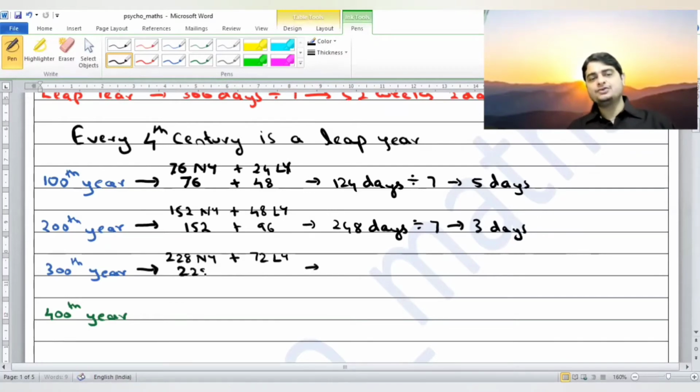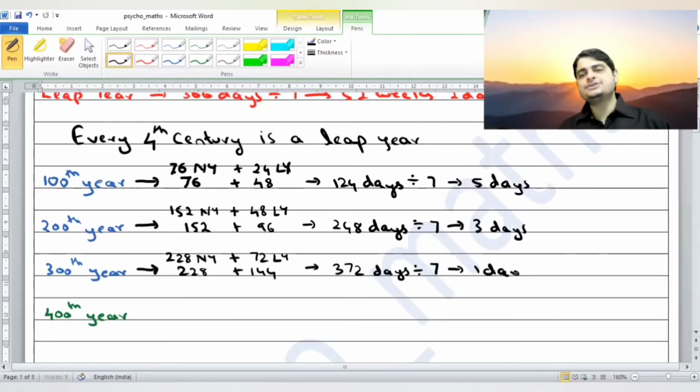So it will have 228 days plus 144 days, because a leap year has 2 days extra. So let's double it, 72 twos are 144. So in all, we are having 372 days. When we divide 372 by 7, check, the remainder comes to 1. So the set of 300 years is having 1 day extra.